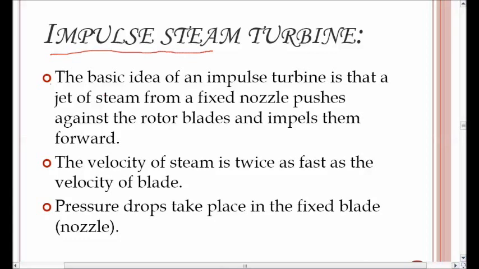So this is the mechanism of an impulsive action. Here the velocity of the steam is twice as fast as the velocity of the blade. Pressure drops take place in the fixed blade. When the pressure from the steam hits the bucket or the blade, there is a huge pressure drop, and the velocity that we attain is much higher.